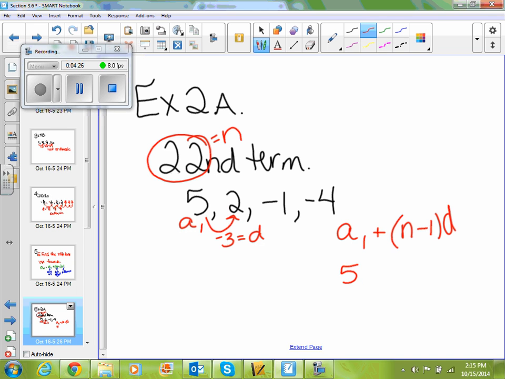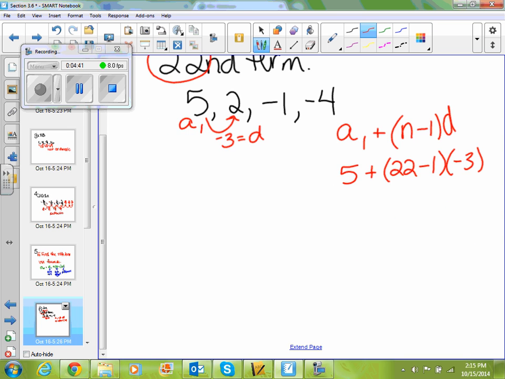My n, what I was looking for, was 22, so 22 minus 1, and my d is -3, so I'm multiplying by -3. So 22 minus 1 is 21, times -3, and I still have this 5 plus out front.